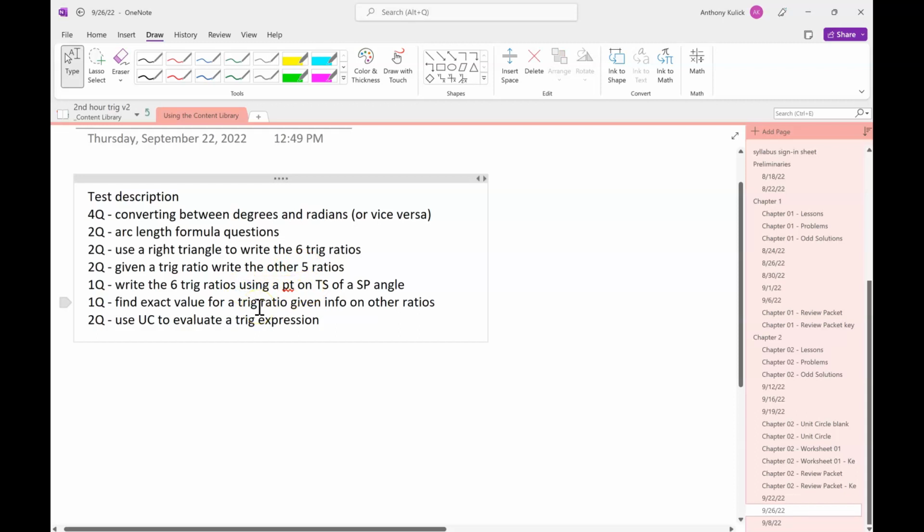I'll have 1 question where I ask you to write the 6 trig ratios using a point on the terminal side of a standard position angle.